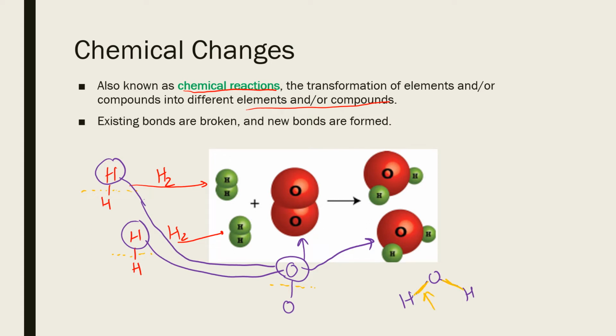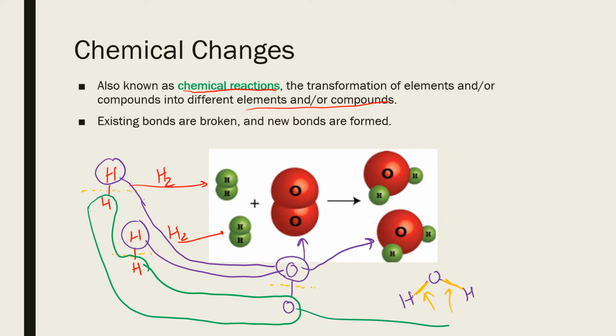So this is a new bond. That's what a chemical reaction does. Existing bonds break and new bonds are formed. Similarly, the remaining two hydrogen atoms and the remaining oxygen atom also create new bonds to form the second water molecule. So this process describes what happens in a chemical change.